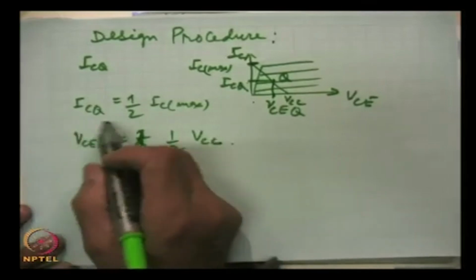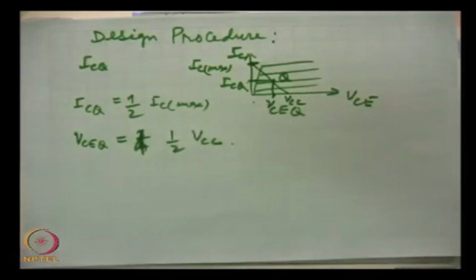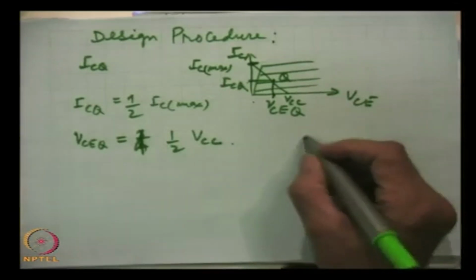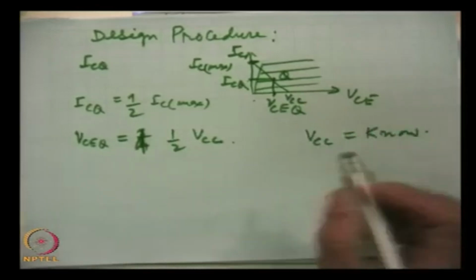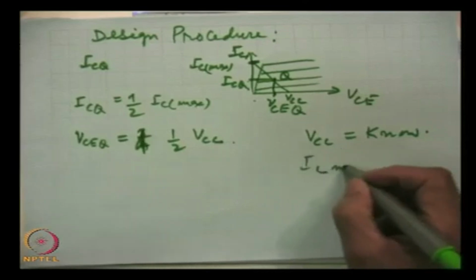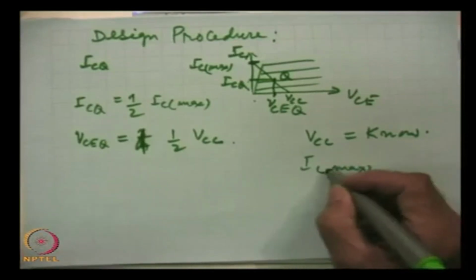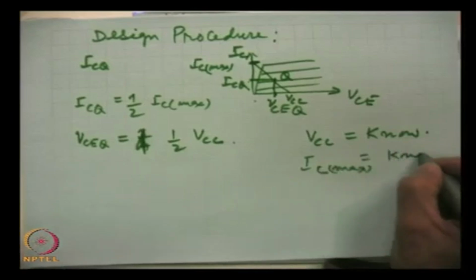So, VCEQ is known, ICQ is known, and we can use whatever we have already studied, that VCC is known and IC max is also known.